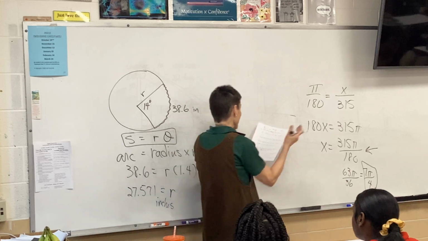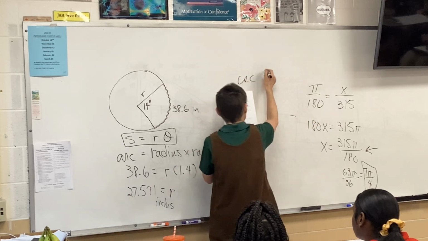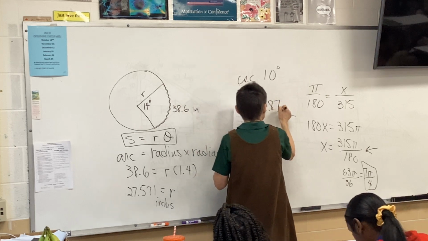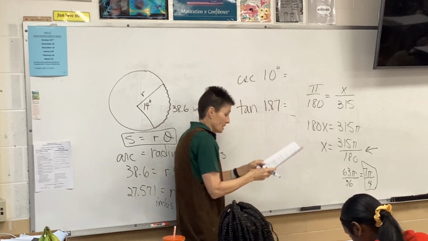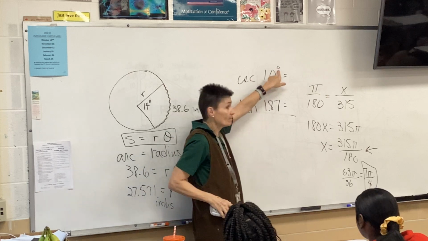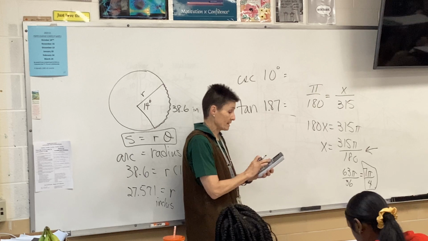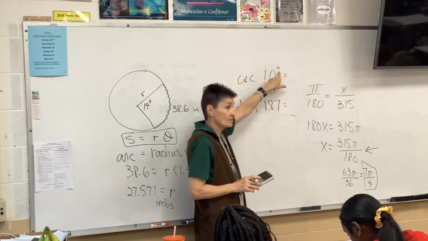What's next? Evaluate with calculator. So I'm just going to type these in on my calculator. Please pay attention. See that right there? I'm going to make sure my calculator is set in degrees because that's a degree.